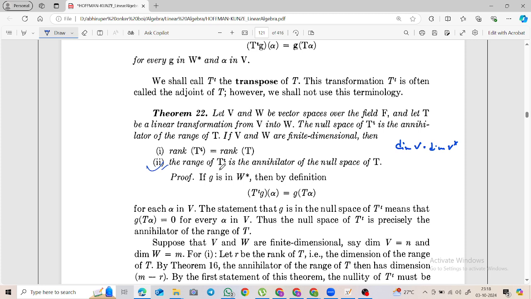The null space of T transpose is the annihilator of the range of... where is it? Okay, let V and W be vector spaces, and T be a linear transformation from W into V. The null space of T transpose is the annihilator of the range space of T.